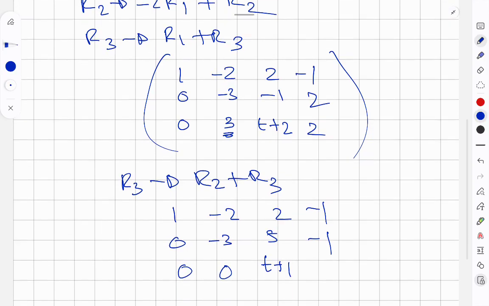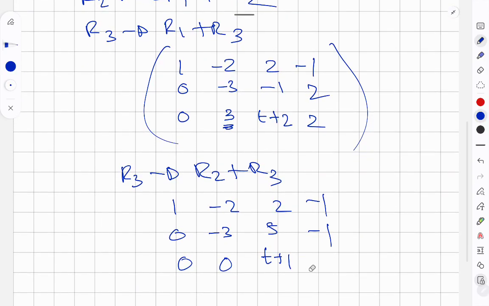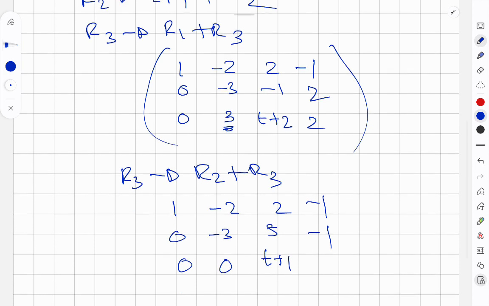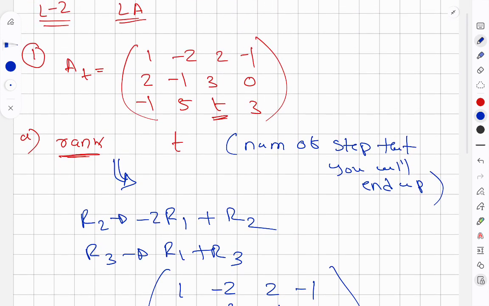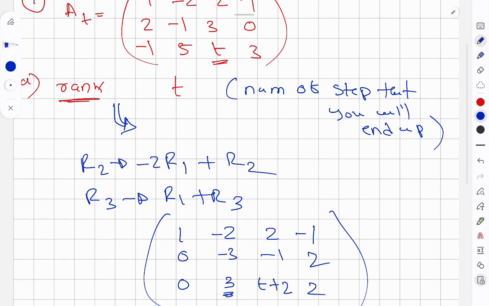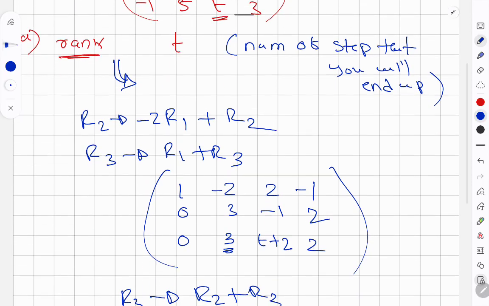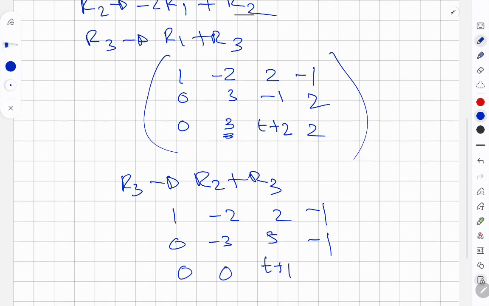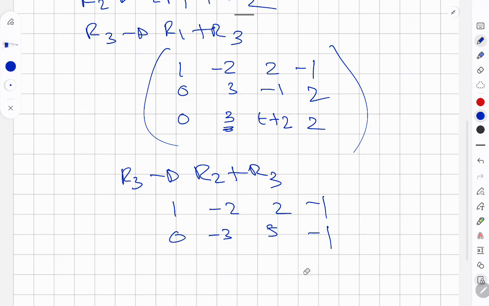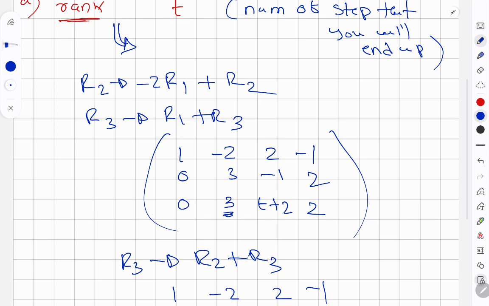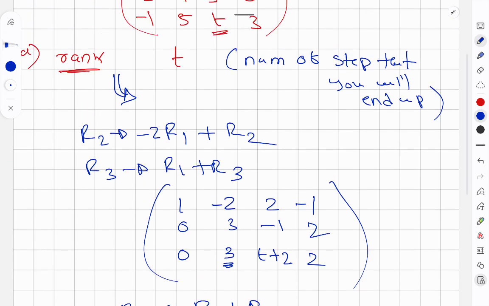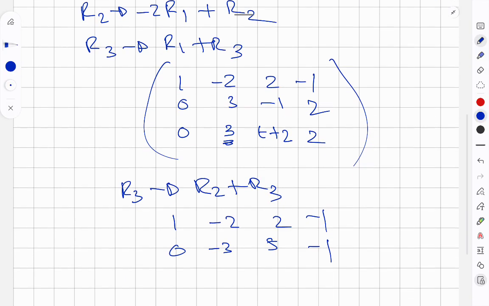Now it's correct, I guess. And this will become t plus 3, this is -1. This is 3, or is it negative 3? Yeah, now I'm correct. Sorry, I made some mistakes here. These steps are correct, right? Yeah, the steps are correct, but while calculating, it was a mistake.